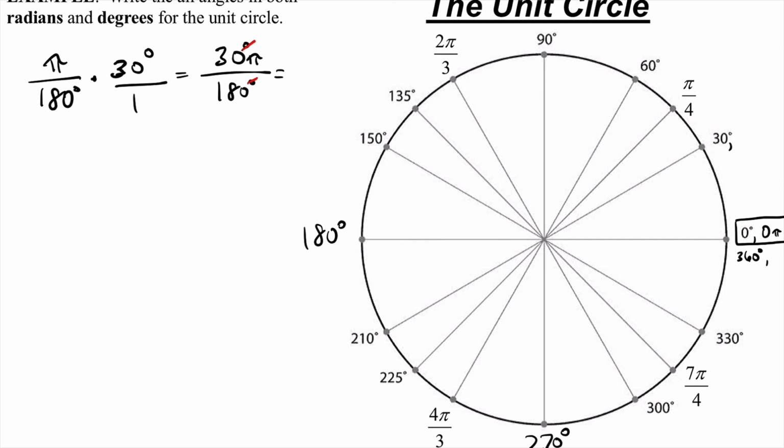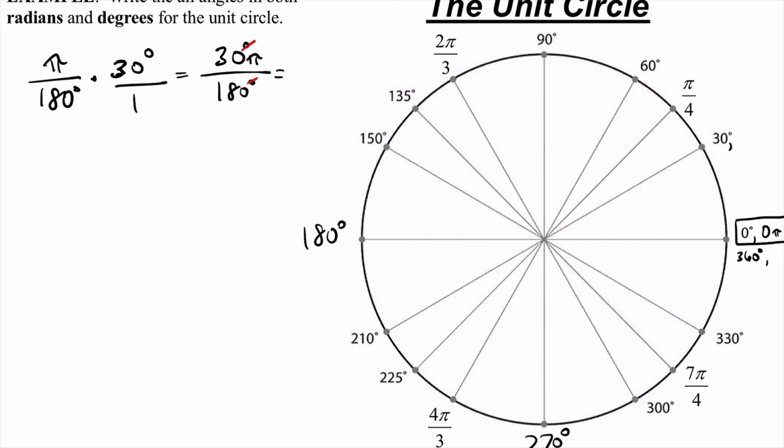Now reduce 30 over 180. What's the biggest number that divides evenly into 30 and 180? 6 will, but there's a bigger number. 30, yeah, 30 will go into both. 10 works too, but you want to try to find the biggest number.